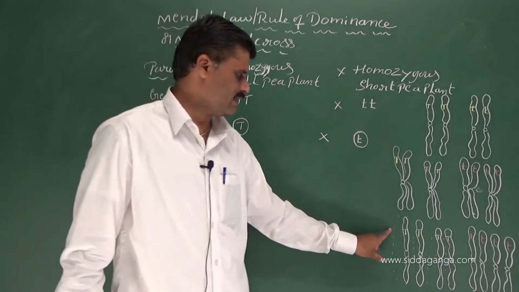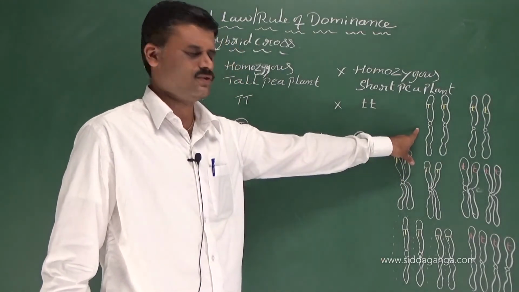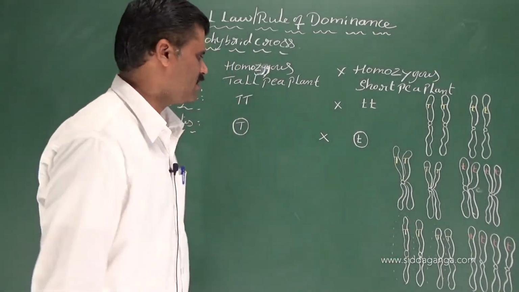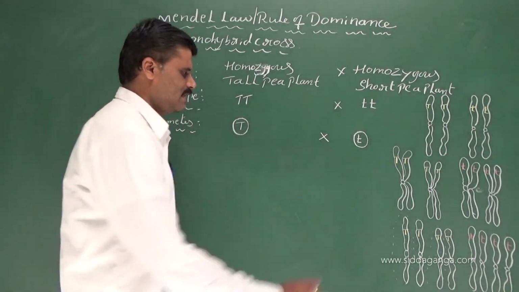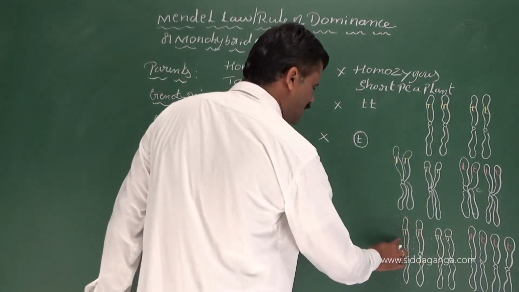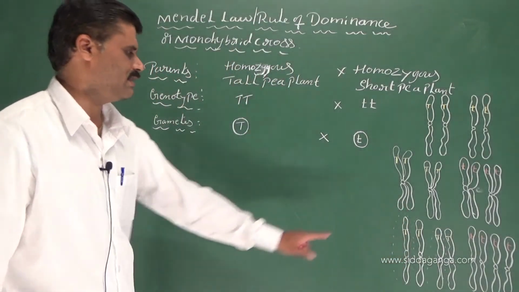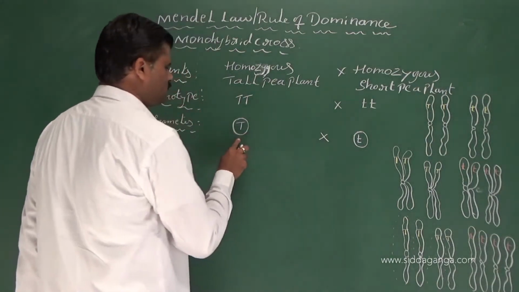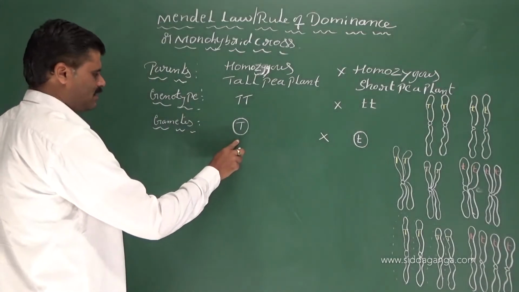I told you yesterday that one parental cell undergoes meiosis to give four gametes, four daughter cells, and those four daughter cells are called what? Gametes. Here four gametes are formed, each gamete containing a single chromosome with a single gene. Hence, Mendel took only one gamete because all gametes are similar.